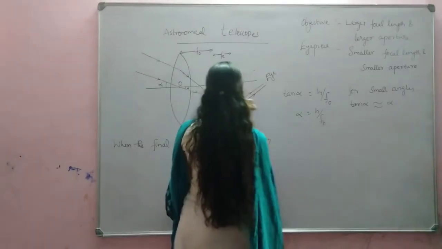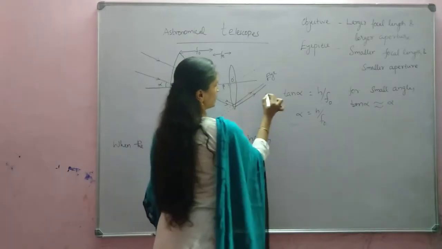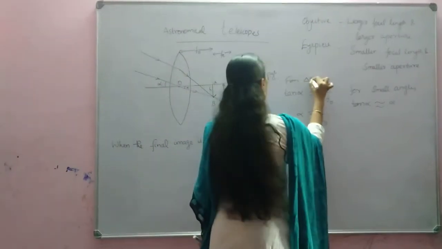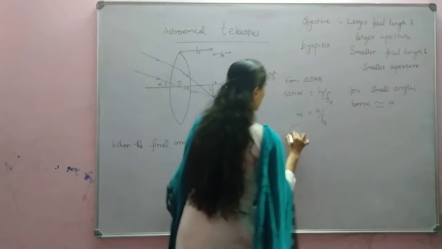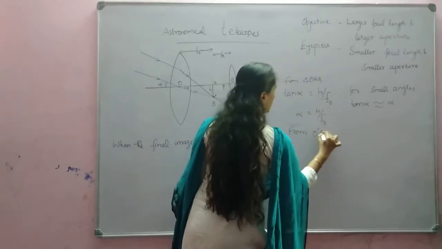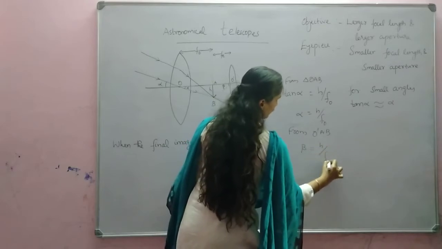Again beta, if we are considering the triangle O dash AB, beta is equal to h by Fe.